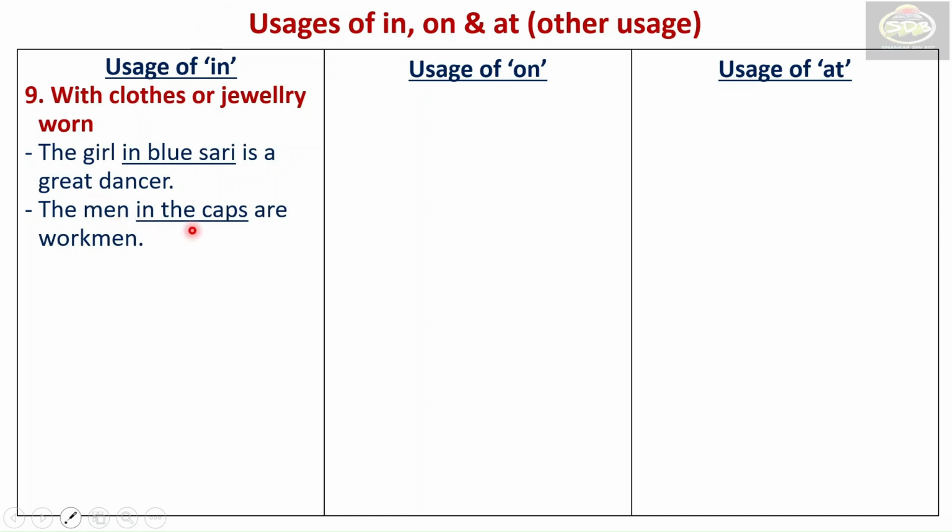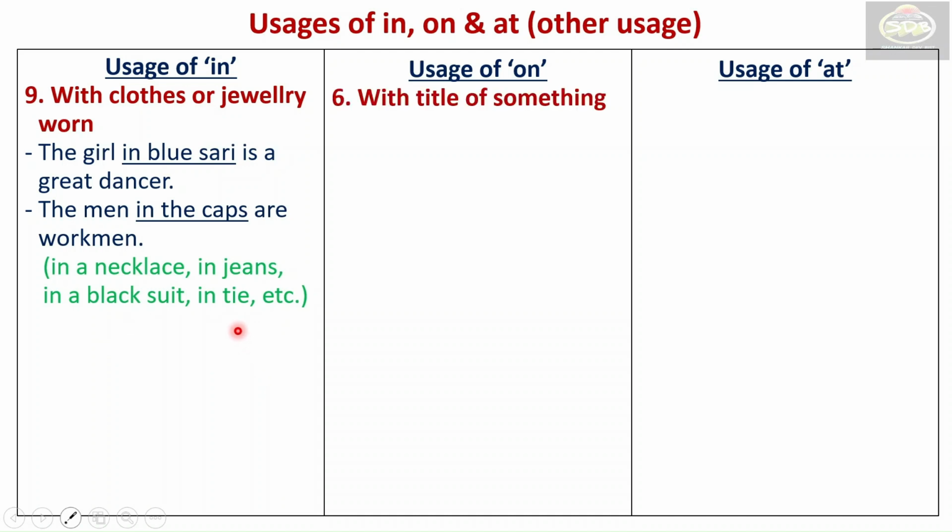The man in the caps, the man wearing the caps, are workmen. More examples: in a necklace, ornament or jewelry, in jeans, in a black suit, in tie, etc. We use in.